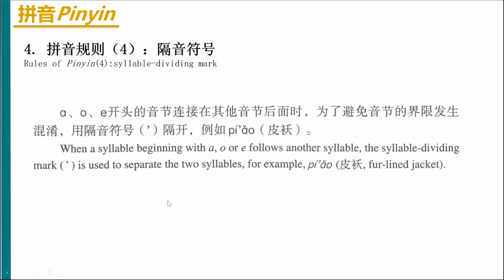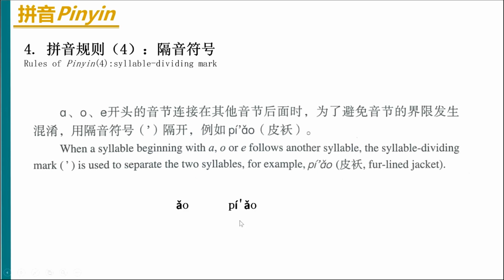For example, this sound like 袄 is a single 韵母, and it can also be a syllable. When ao is following this p, we add this syllable dividing mark.